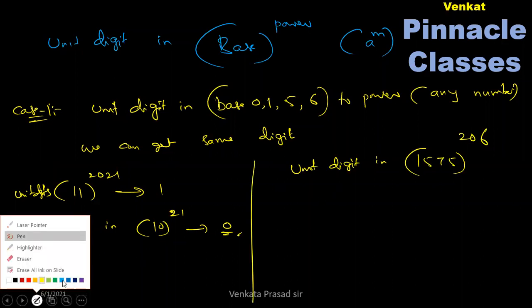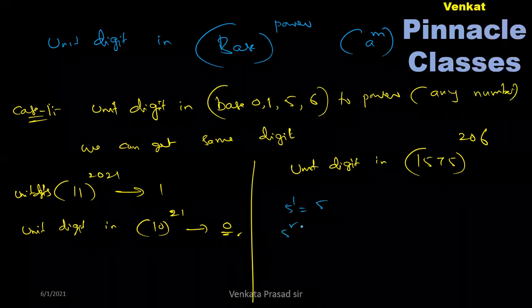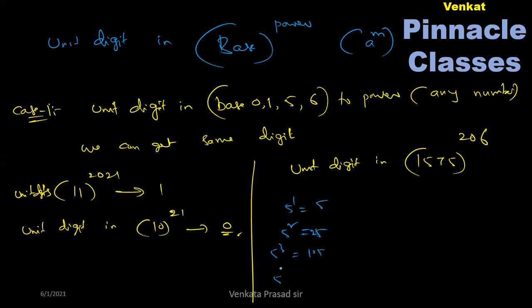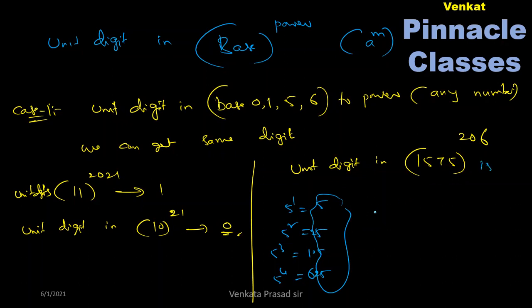How to find this one? 5 power anything is 5. 5 square is 25, 5 cube is 125, 5 power 4 is 625. In this case, we are talking about the unit digit only. So 5 power any number gives 5. Any number means a natural number. So it is the same as the unit digit in 5 power 206. So finally, what is the answer?